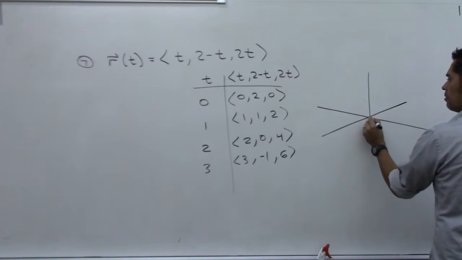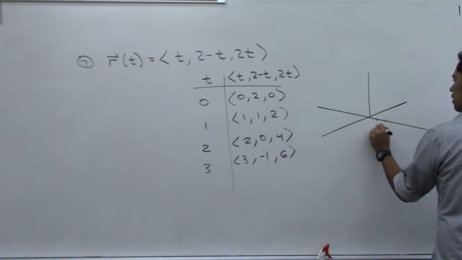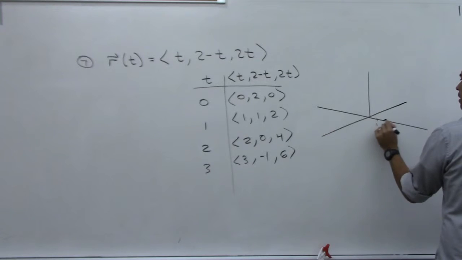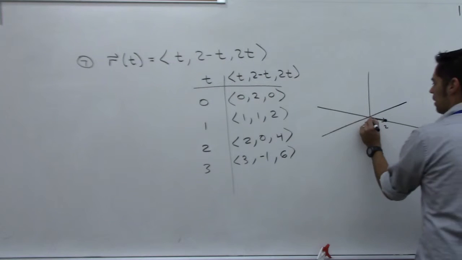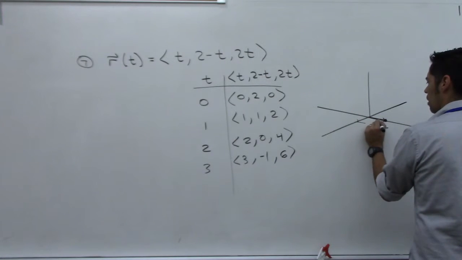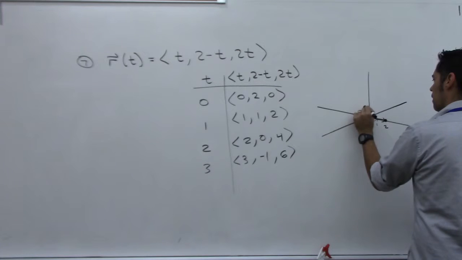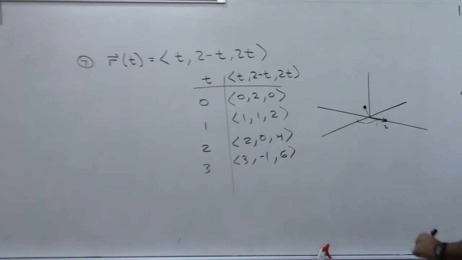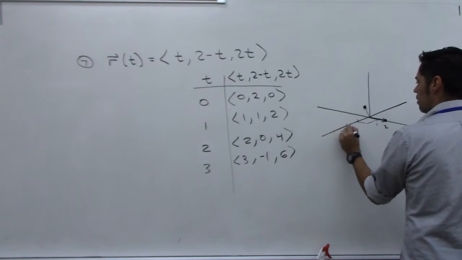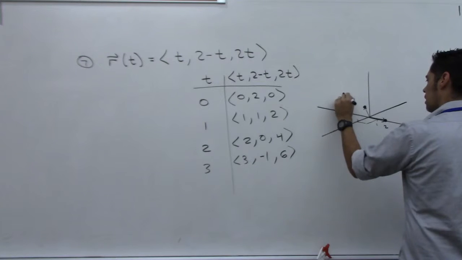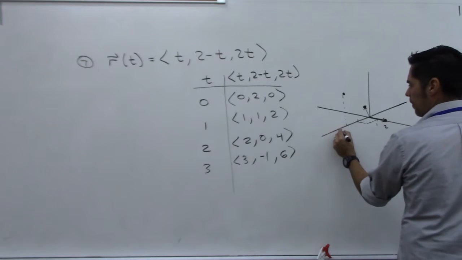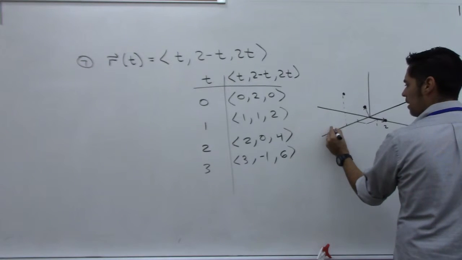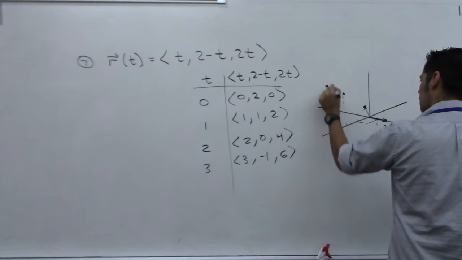Okay, 0, 2, 0 would be here. So we have a vector going from here to here. And then 1, 1, 2 would be up here. So from the origin up to there. And then 2, 0, 4 would be straight up here like this. And 3, negative 1, 6, which would be back, up, be there.